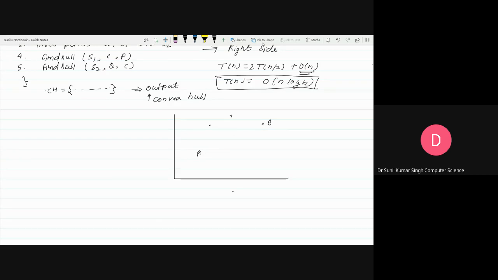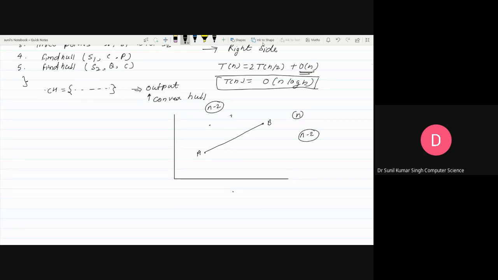Now there are n points, and after choosing the 2 points, the remaining points will be n minus 2. In this division, all the remaining points are going to be part of this side. There is no point on this side.